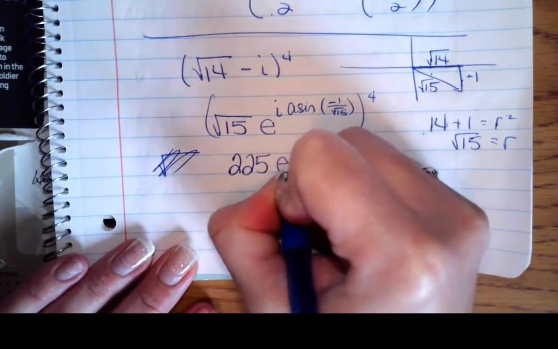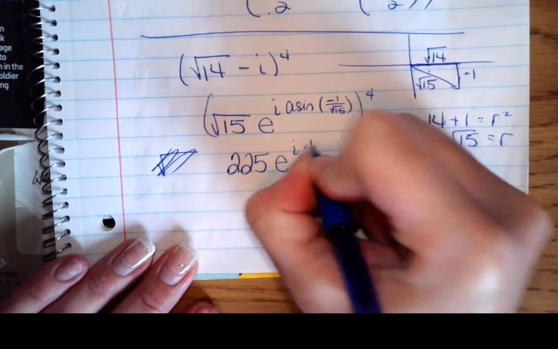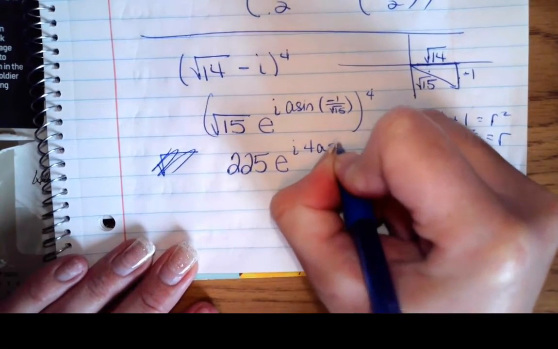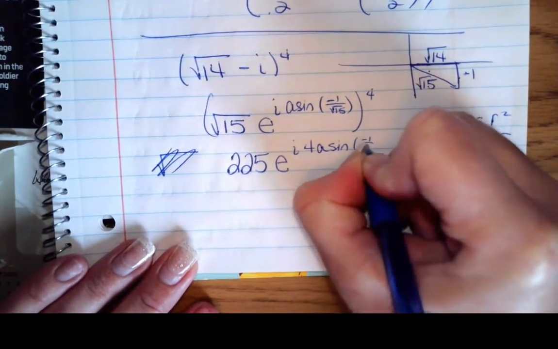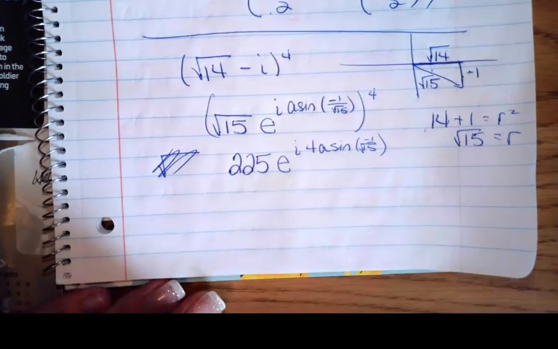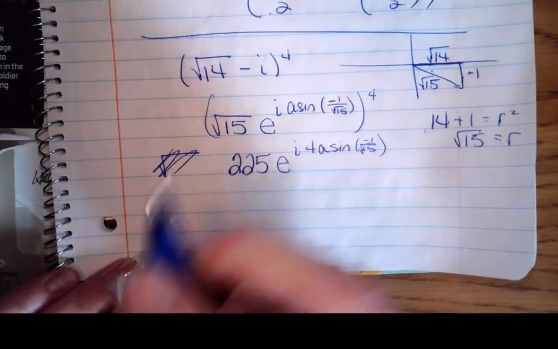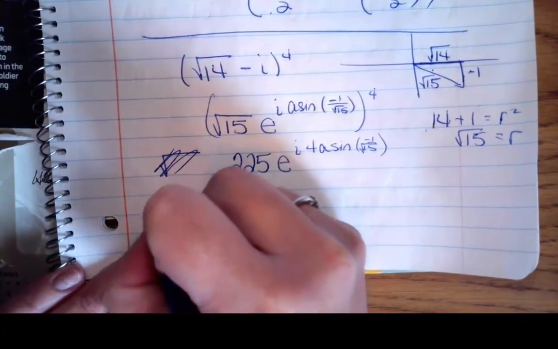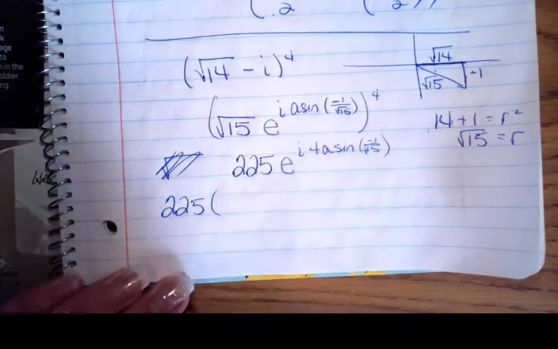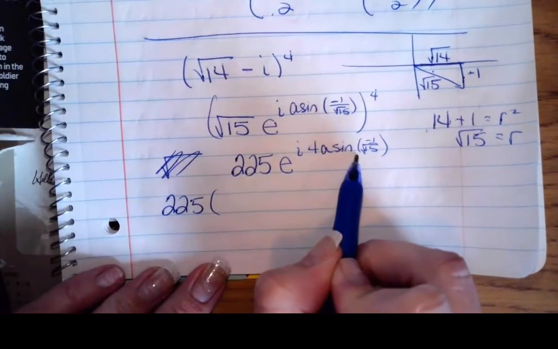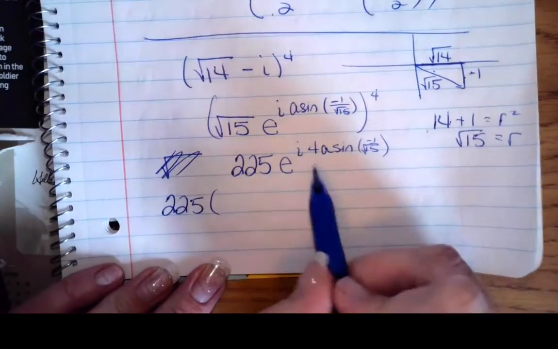And I'll have e raised to the I times 4 arc sine of -1 over root 15. Okay, and for the sake of time, I'm going to let you finish that out, because it's just calculator stuff. So you'll have the cosine of the arc sine times 4.